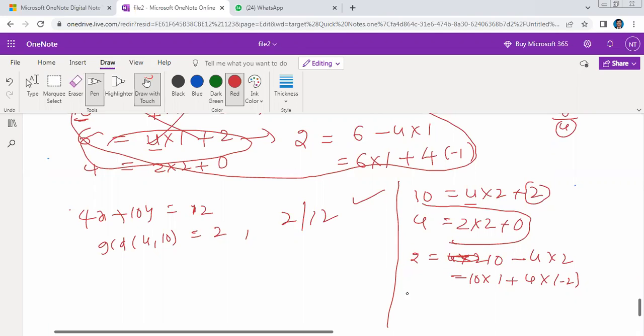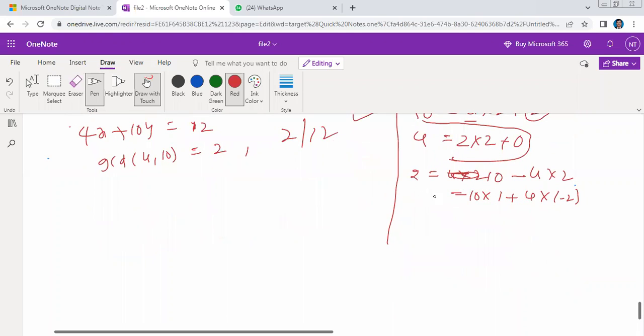Can anybody say the answer, please? No, we haven't reached it here, because here the right side should be 12. So what should we do? Multiply with 6. 2 into 6 is equal to 10 times 1 into 6 plus 4 into minus 2.